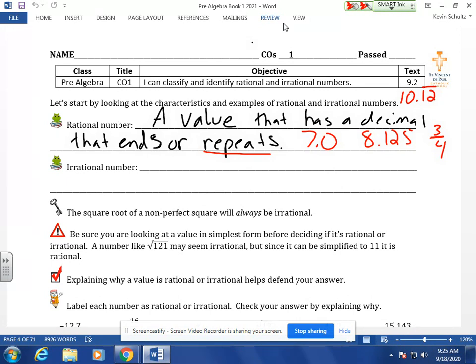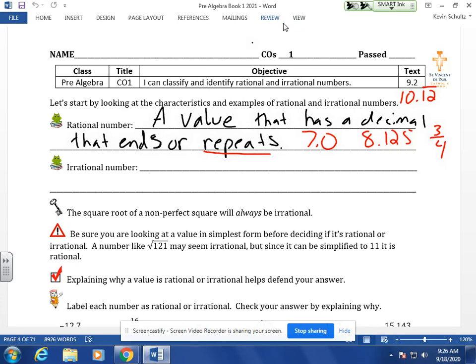So an irrational number would be a value with a decimal that does what? If a rational number has a decimal that ends or repeats, an irrational number, it kind of sounds like the opposite, like rational, irrational, would have a decimal that does what? Not repeat. Does not end and does not repeat, right?